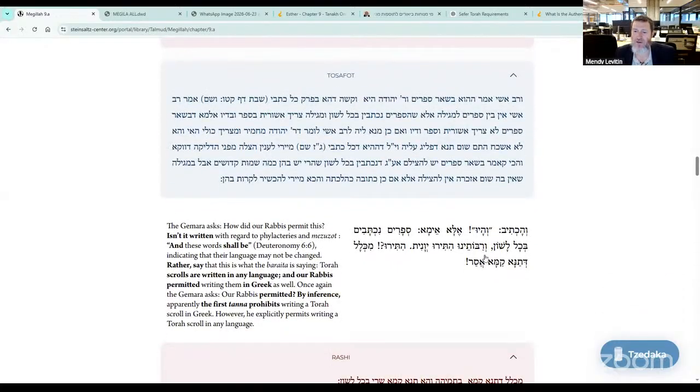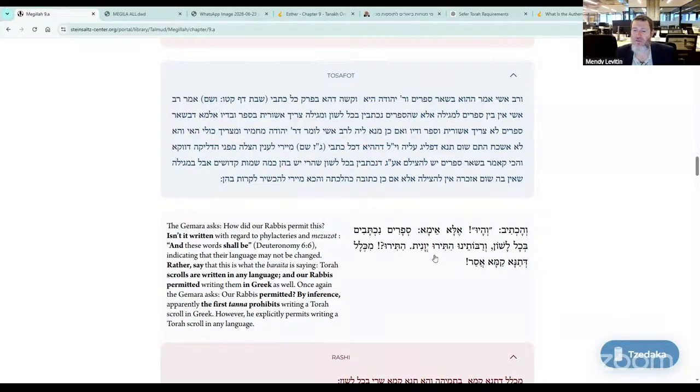Yavanis is Greek. Rabbi Shimon ben Gamliel said they allowed miklal the Tanakh. So we see that the rabbis allowed for the Sefer Torah to be written in Greek.